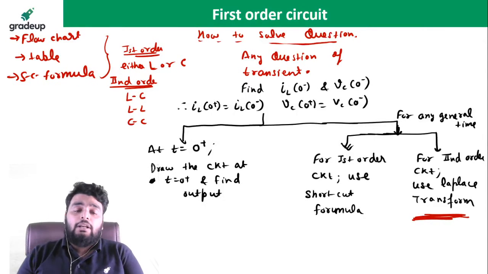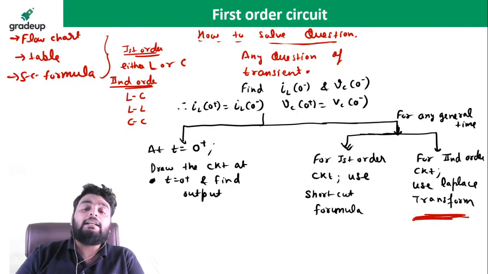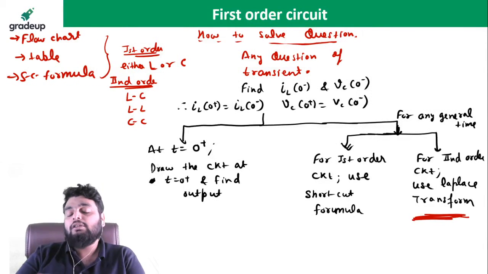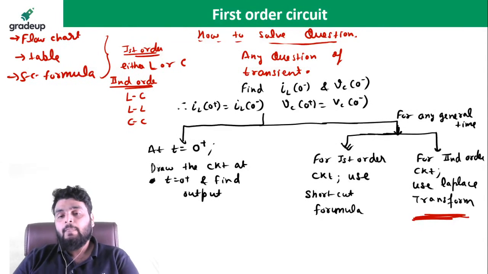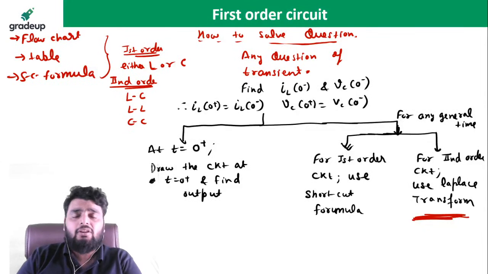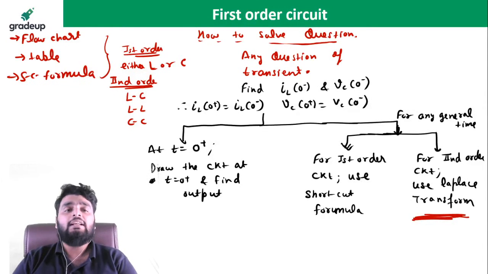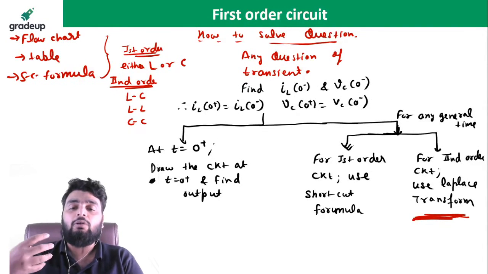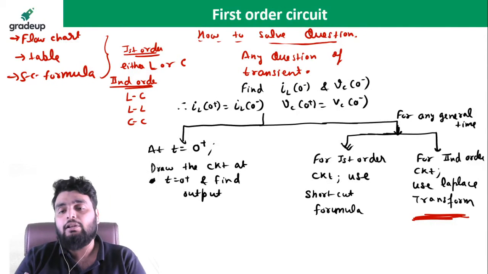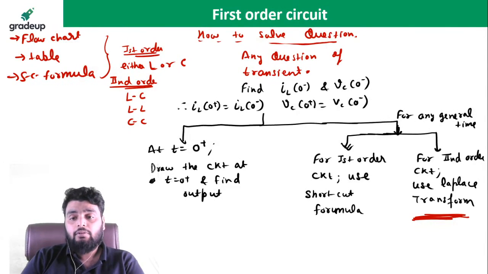So this is very good. If you remember these 3 things, 95% of your transient questions will be solved easily. Otherwise, if you see some books or something else, you will get confused about how they are finding these values and why they are finding these values.